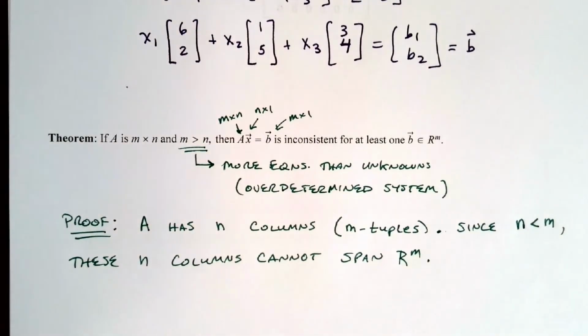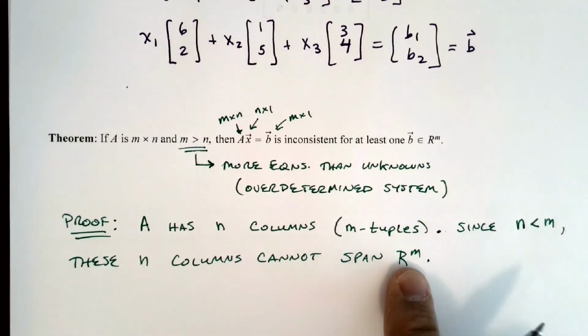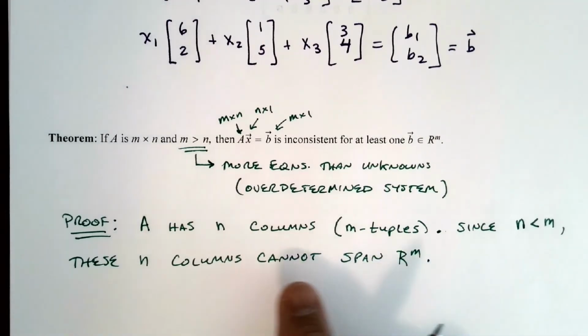We'll go back to when we were talking about dimension. Go back to the dimension video. We talked about the fact that if you have fewer than your dimension vectors in a set, they cannot span the space. What is the dimension of M space? The dimension of M space is M. How many vectors do we have?